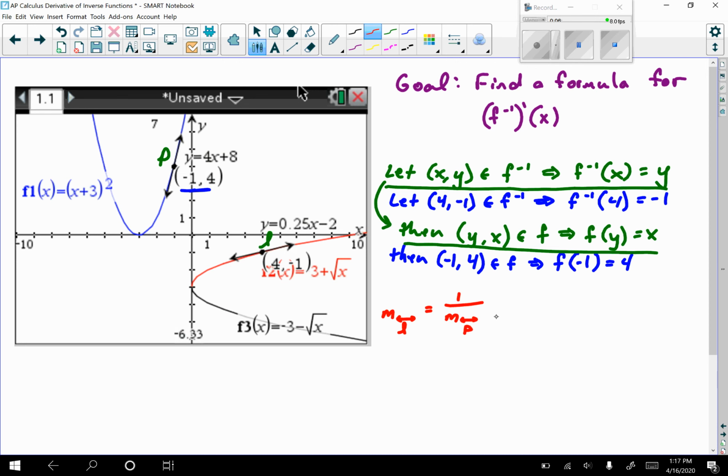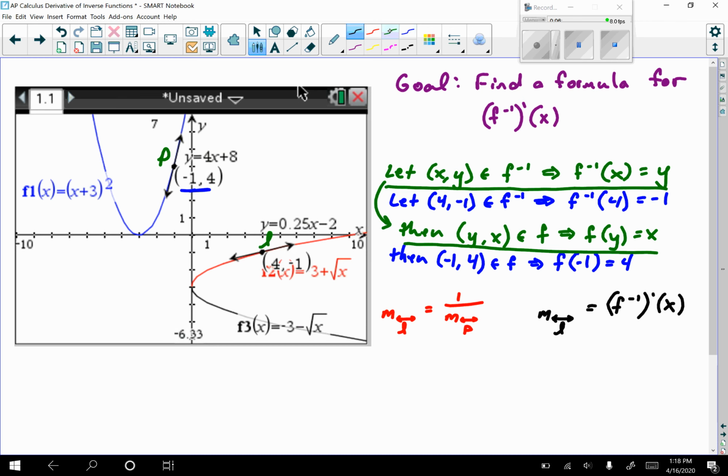Now we're going to use that to rewrite the notation, so we're no longer using slope of line L and slope of line P. Off to the side here, the slope of line L, because it's a tangent line, is the derivative. And line L is on the inverse, so it's the derivative of the inverse. So I could write it like this: here's our inverse, and here's the derivative of the inverse of f of x.